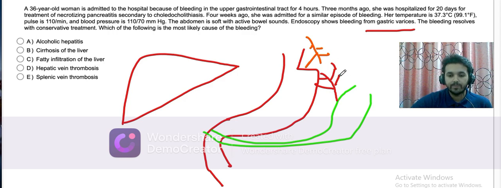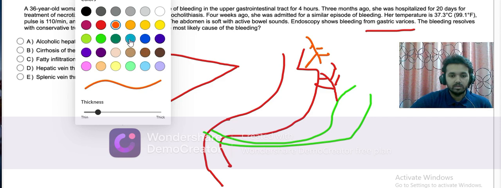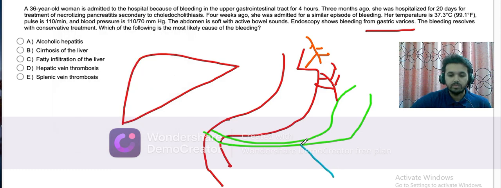From the lower part of the intestine, there is the inferior mesenteric vein coming. This is the inferior mesenteric vein, and also coming from the intestines is the superior mesenteric vein.